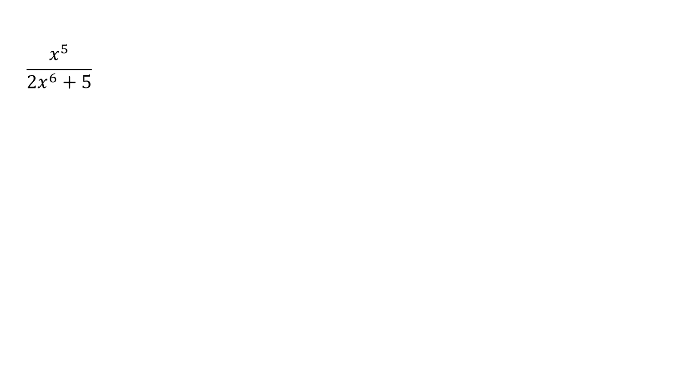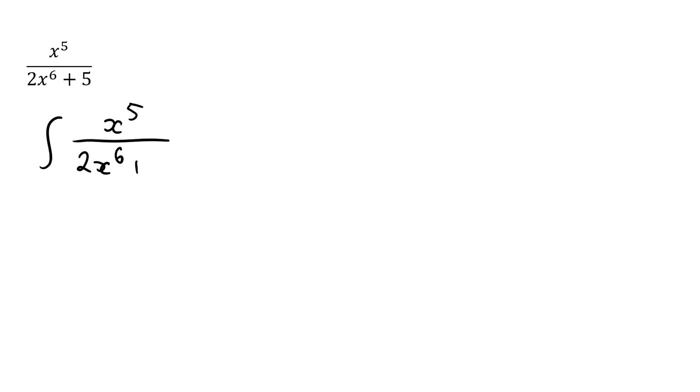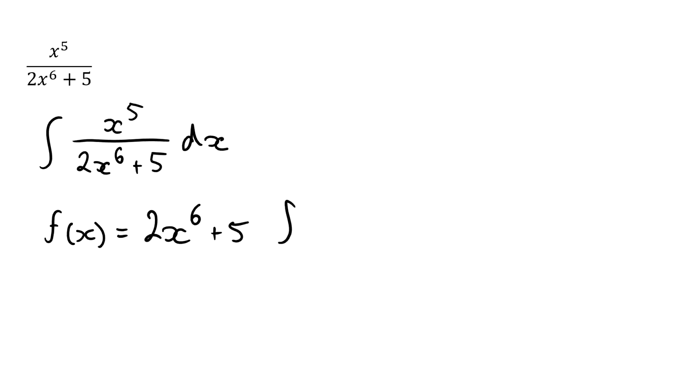So we're going to look at another one now. Alright, so we're trying to find the integral of 1 over 2x to the power of 6 plus 5 dx. So my original function is my denominator, so 2x to the power of 6 plus 5. If I differentiate that, I get 12x to the power of 5.